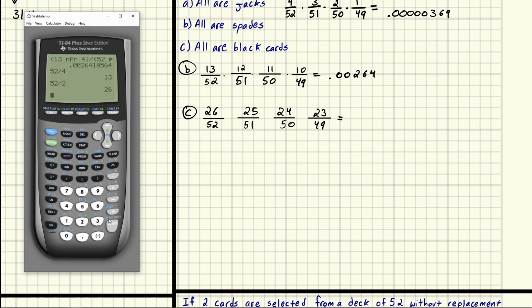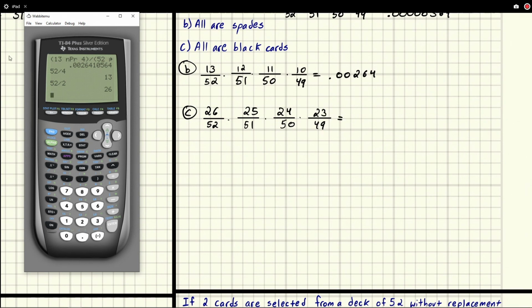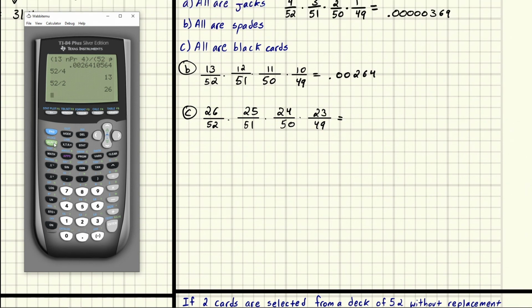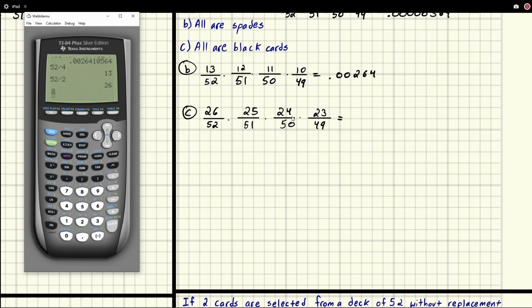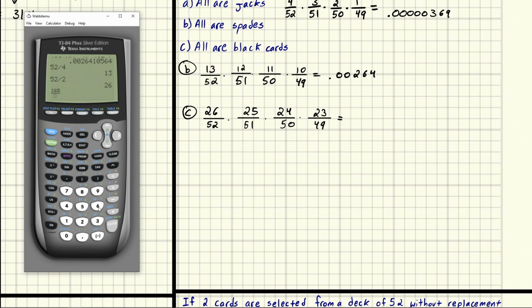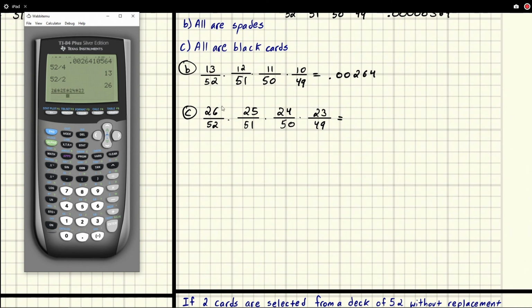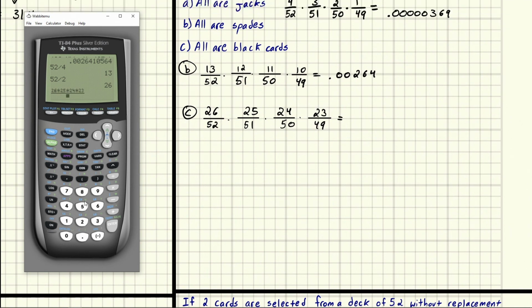So you could choose here to use my fancy permutation calculation. I'm going to do it the other way, just because I want to use the most commonly used way. So we're going to do 26 times 25 times 24 times 23. Or you would type 26 permutate 4, and then we would have 52 times 51 times 50 times 49.